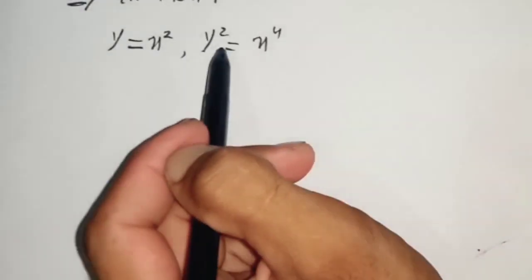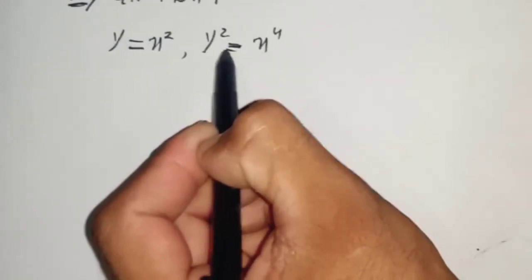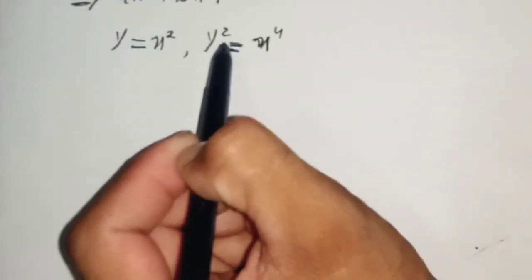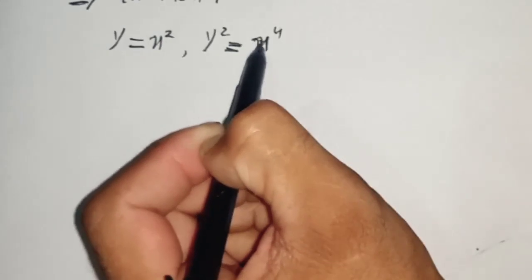So if we substitute x^2 = y, and y^2 = x^4, we will get a quadratic equation in y. So we will solve that quadratic equation for y.